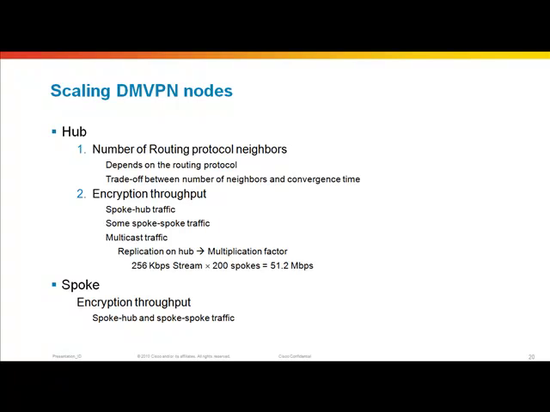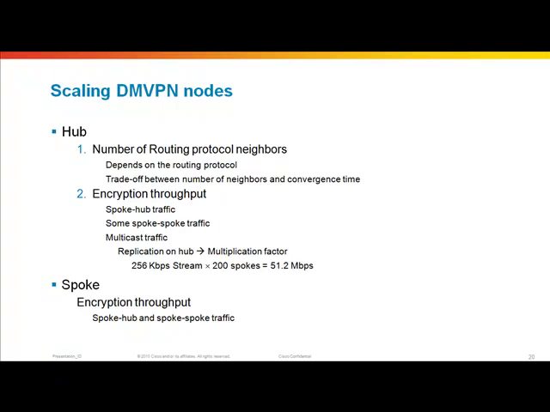So maybe it has to support 100, 200, 300 tunnels. But again, because that secondary data center is a spoke and not configured as a hub, we don't have to worry about the routing protocol limit or the number of neighbors.